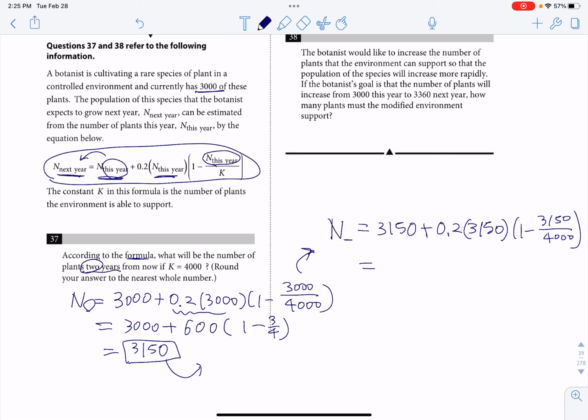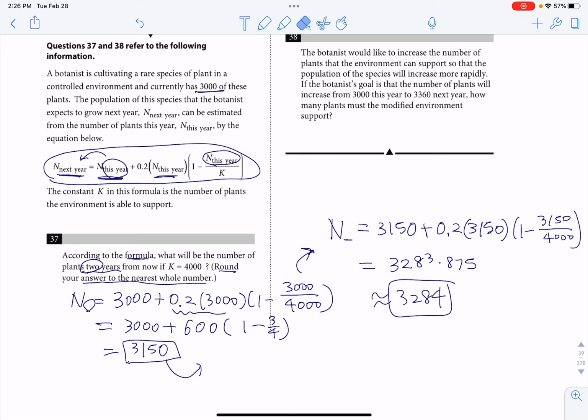And I will just plug everything into the calculator. Then you will get 3,283.875. But they want you to round your answer to the nearest whole number, which will be 3,284. So this is going to be your solution.